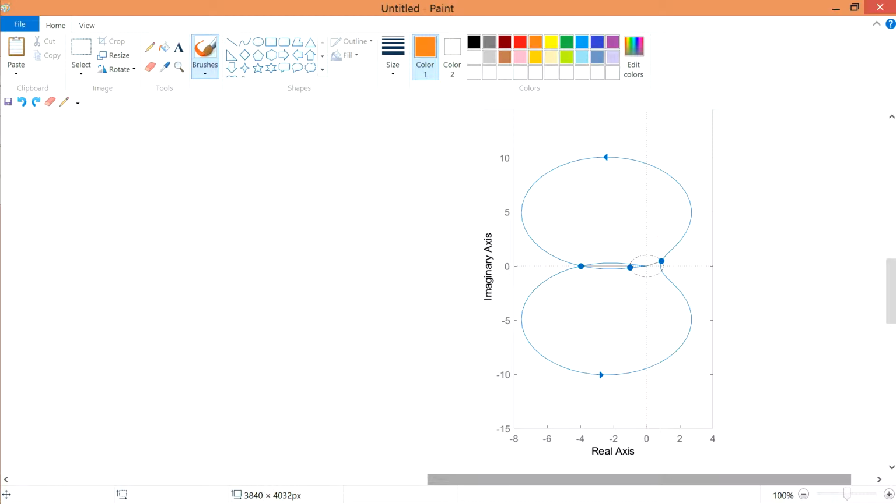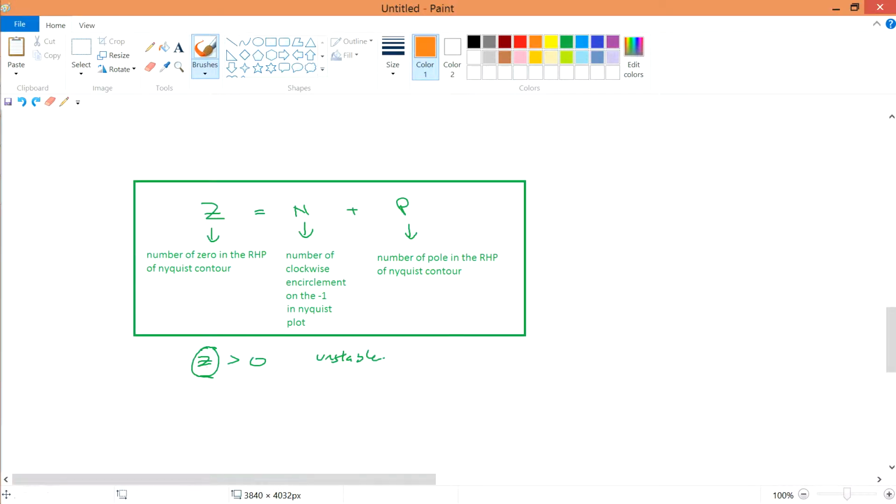In terms of clockwise or anti-clockwise, if you take a look at this definition, N is the number of clockwise encirclements of the -1 point in the Nyquist plot. So as you can see, it's clockwise. This means if there is one clockwise encirclement, for example, if -1 is over here and you encircle it one time, then N is equal to 1 in the clockwise direction.